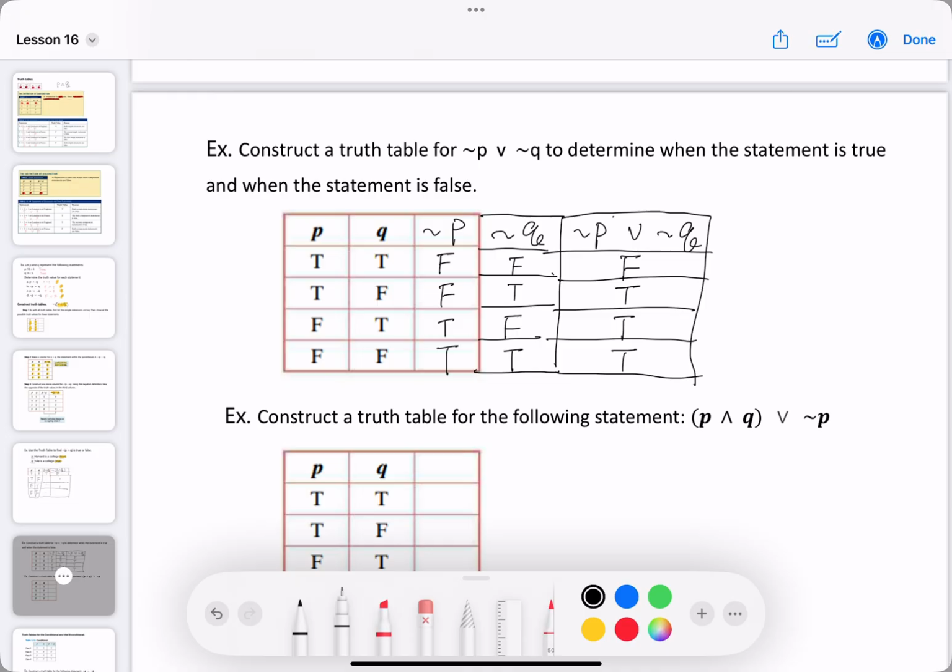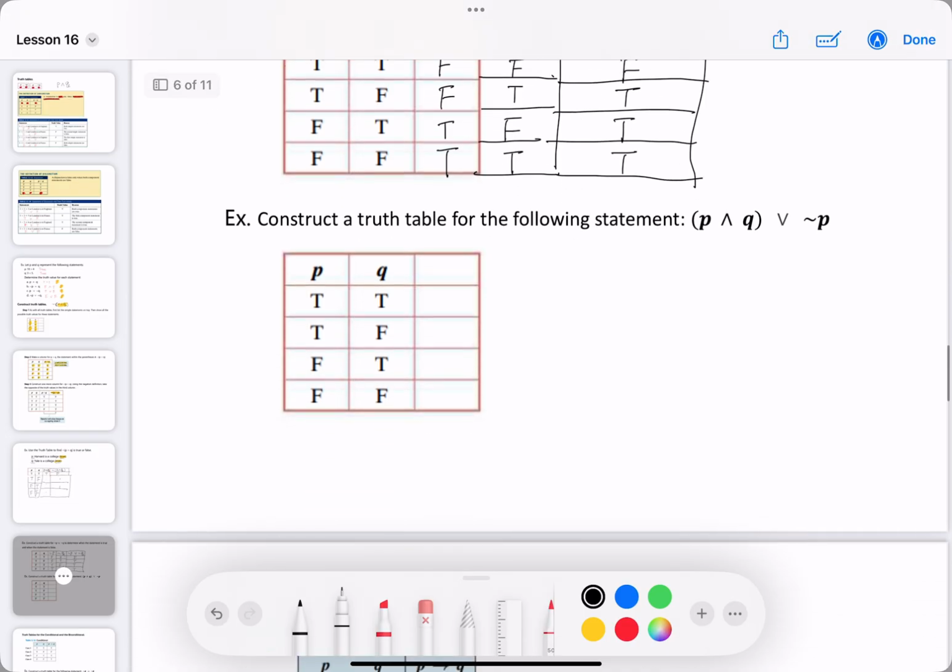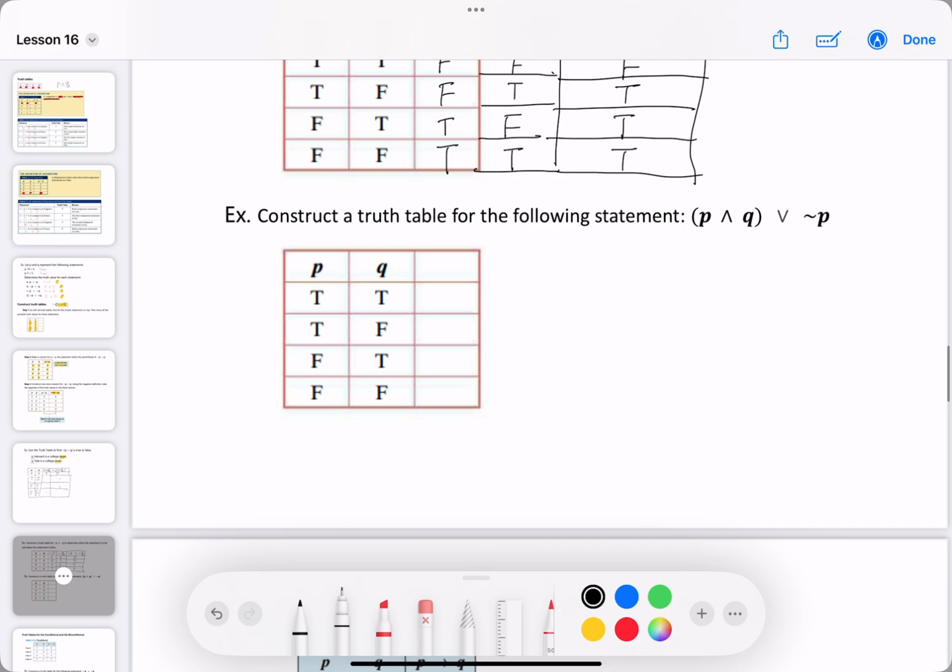Okay, let's see the next example. Construct a truth table for the following statement, with P and Q in the parentheses, or not P. This one has a long table. Let's see our long table.